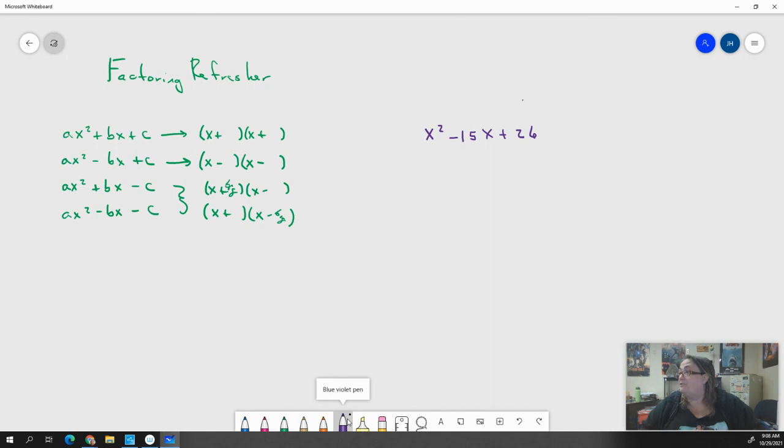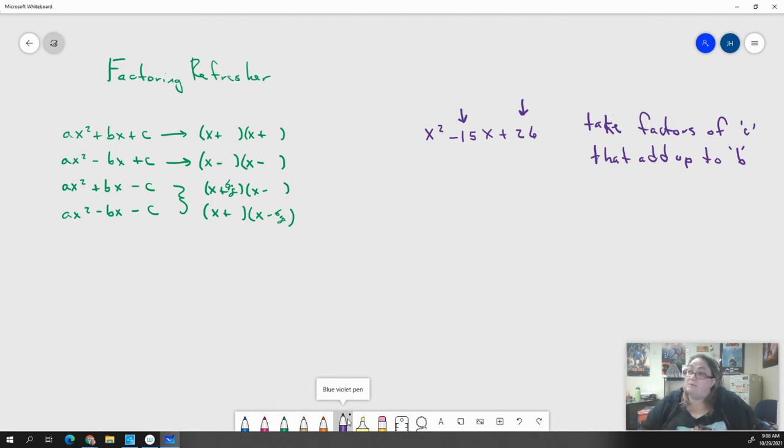So all we have to do is take the factors of the c term that add to b. We're looking at what are our factors of 26 that will add to 15.